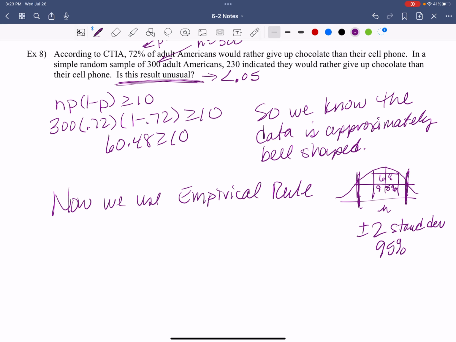All right, so let's figure it out. So we've got our mean, plus or minus 2 standard deviations, and that's what we're trying to look at.